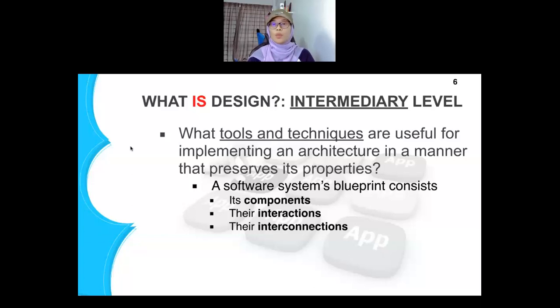What is a component inside the software? It is the actors and also the associations and also the use case that you learned before, right? So this blueprint consists of the elements of the use case diagram: component, interaction, and interconnection, right?